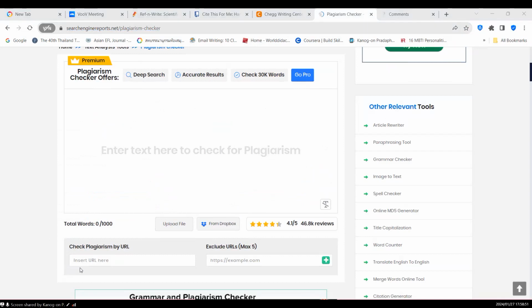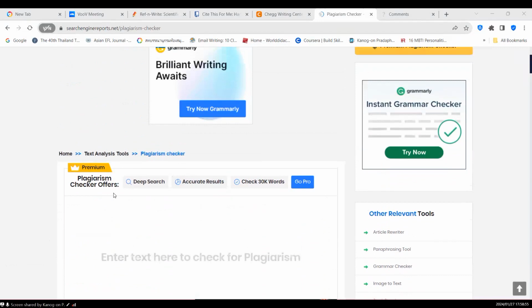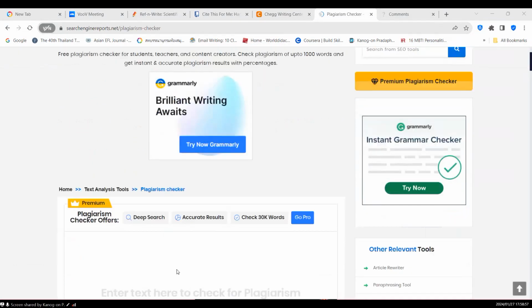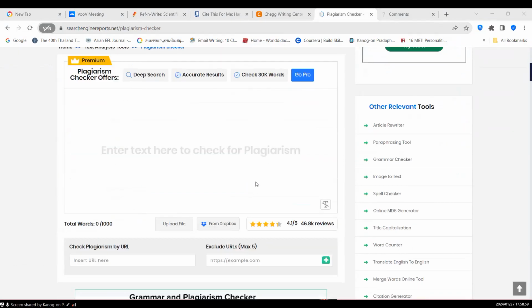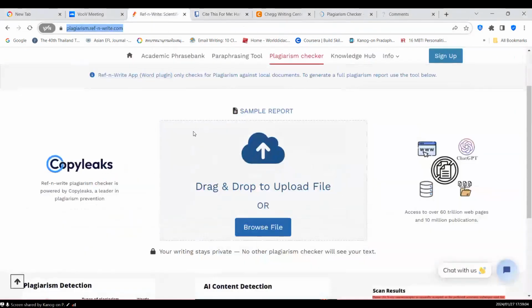The next one will be this website. It's about a plagiarism checker. You can drop your work here to check plagiarism. But actually, the left and right ones can do all of this. So I think they are quite useful tools.